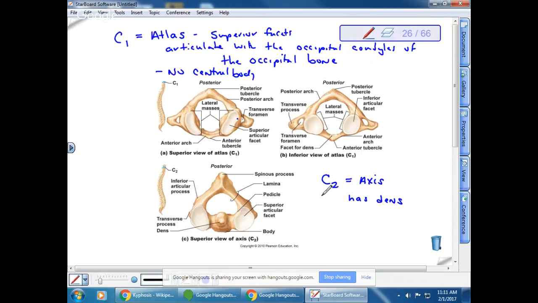So the dens kind of sits in the space where the central body would have been, and it rotates, right? So this is its rotation. So it rotates, rotation of head. So you could say the dens would be the central body of the atlas, developmentally.